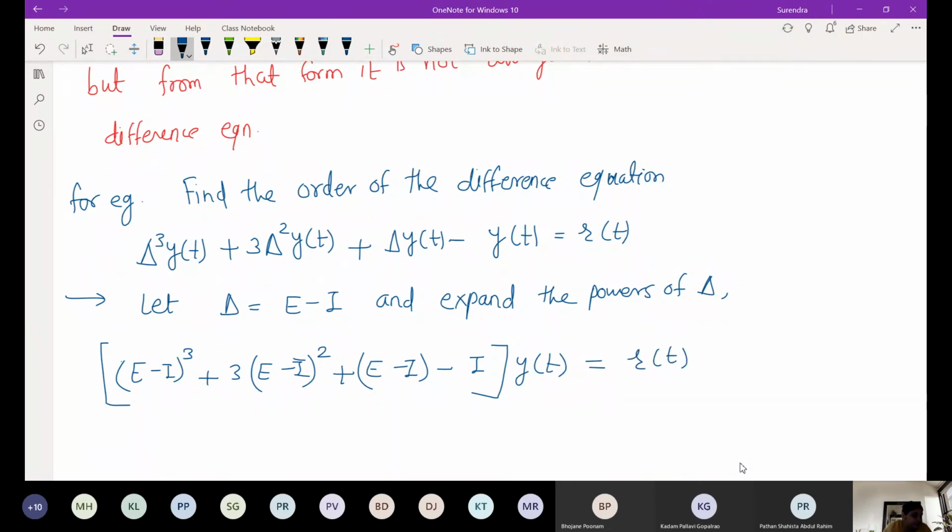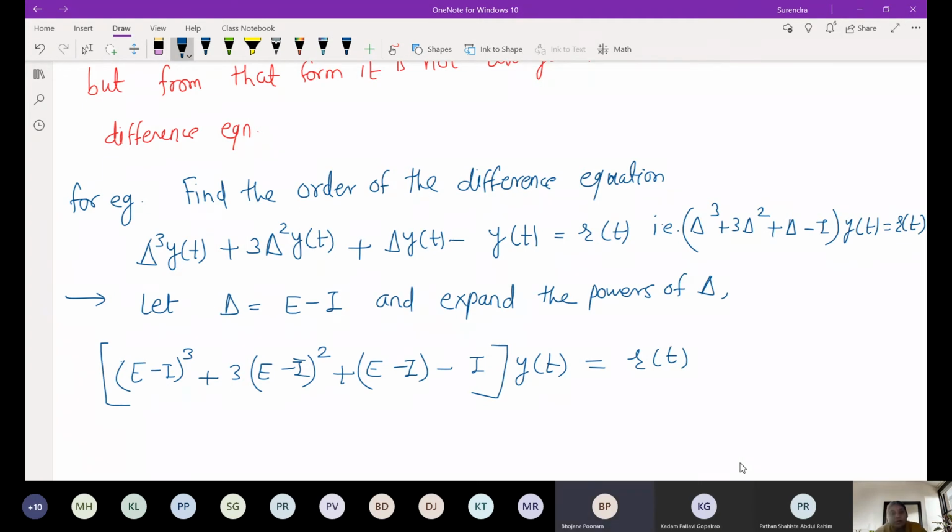Am I right? Delta I am writing as E minus I. So delta cube plus 3 delta square plus delta minus I operated on yt is nothing but my rt. Is that okay?